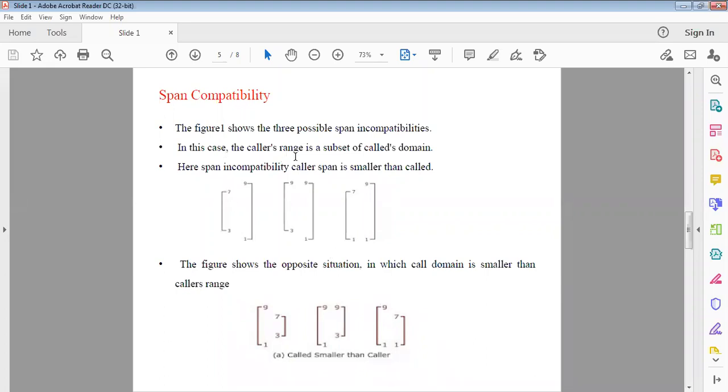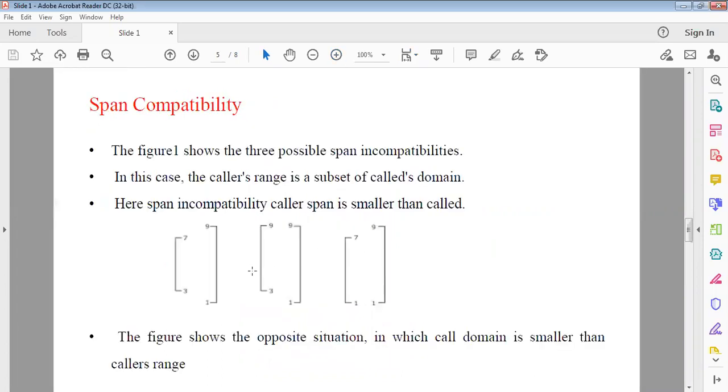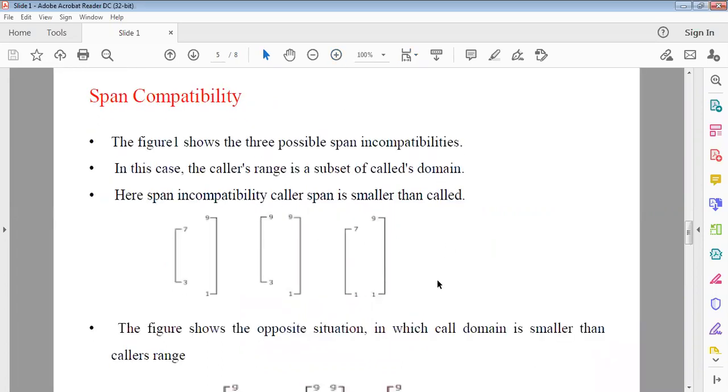In this case, the caller range is a subset of the called domain. See here, in the first figure, the span is in the caller.